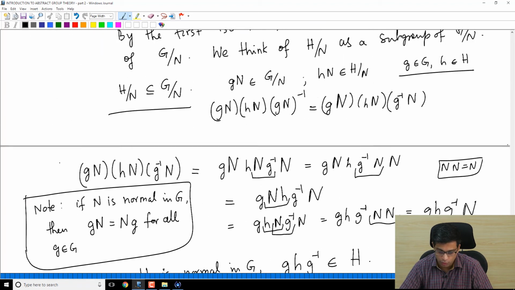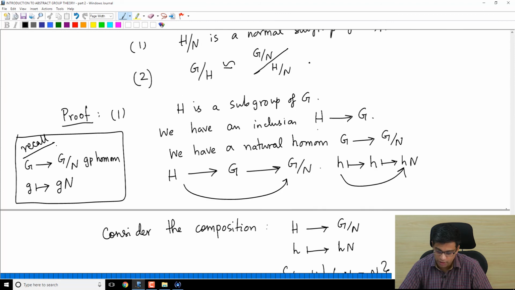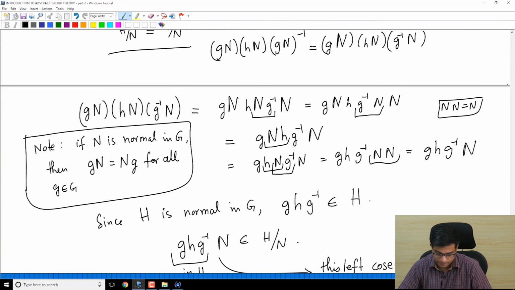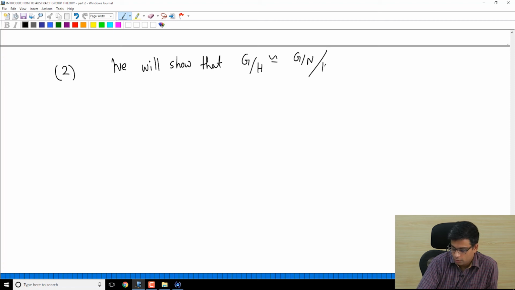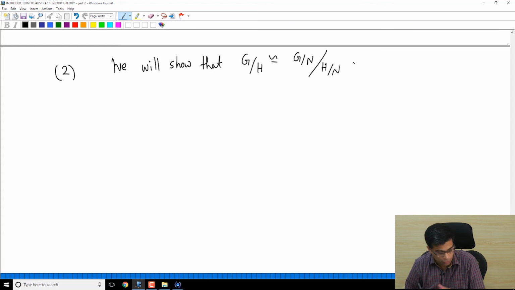So let's prove 2 now. Statement 2 says that G mod H is isomorphic to G mod N mod H mod N. Okay, so how do we show this?